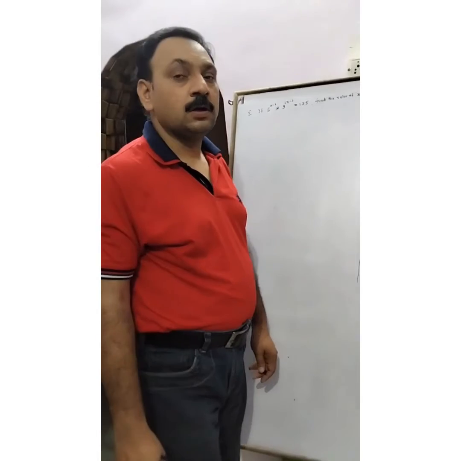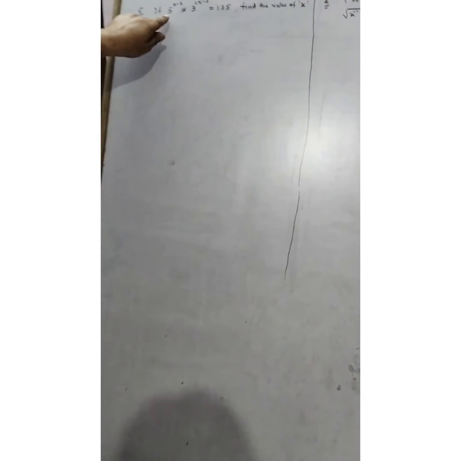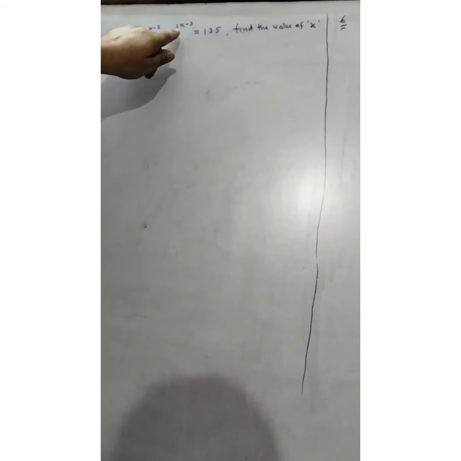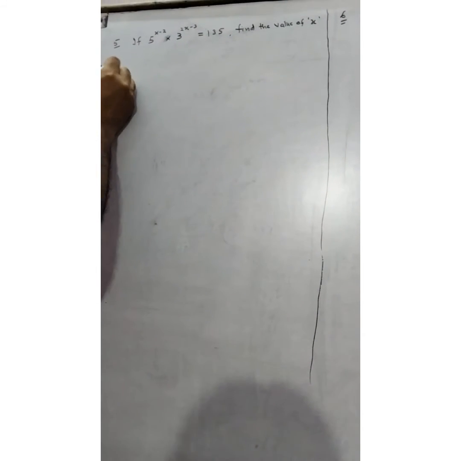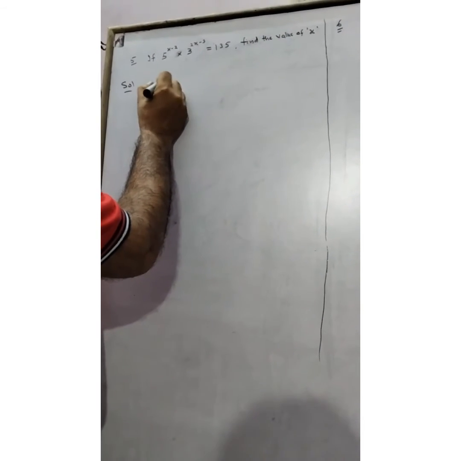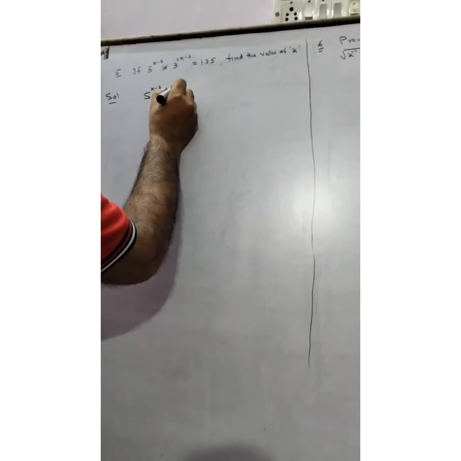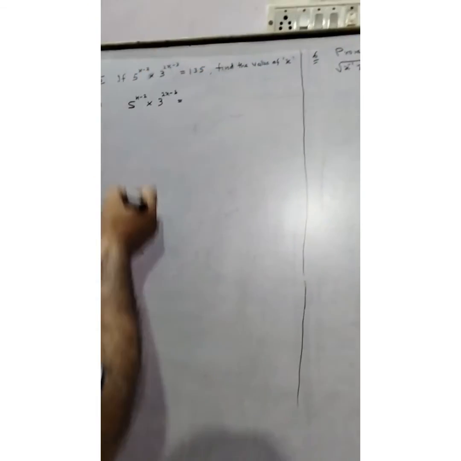Now solve another question. 5. If 5 raised to power x minus 2 into 3 raised to power 2x minus 3 is equal to 135, find the value of x. Solve. We have 5 to the power x minus 2 into 3 to the power 2x minus 3 is equal to 135.